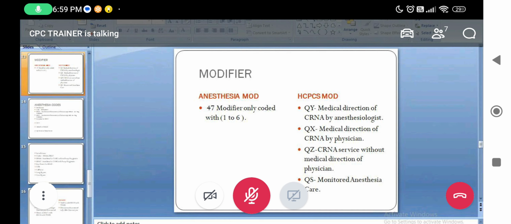And QZ means sometimes both the anesthesiologist and physician are very busy, so the CRNA alone performs the procedure. That time we use QZ. So QY means medical direction of CRNA by an anesthesiologist, QX means by a physician, QZ means without direction of a physician. These are the three modifiers for CRNA.